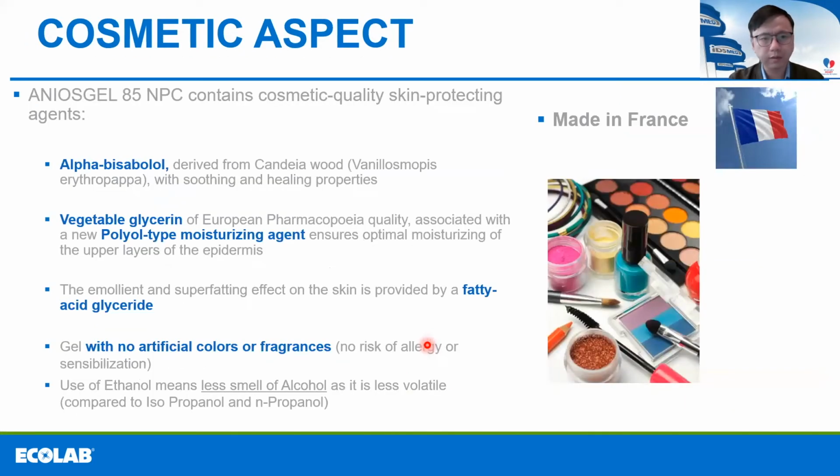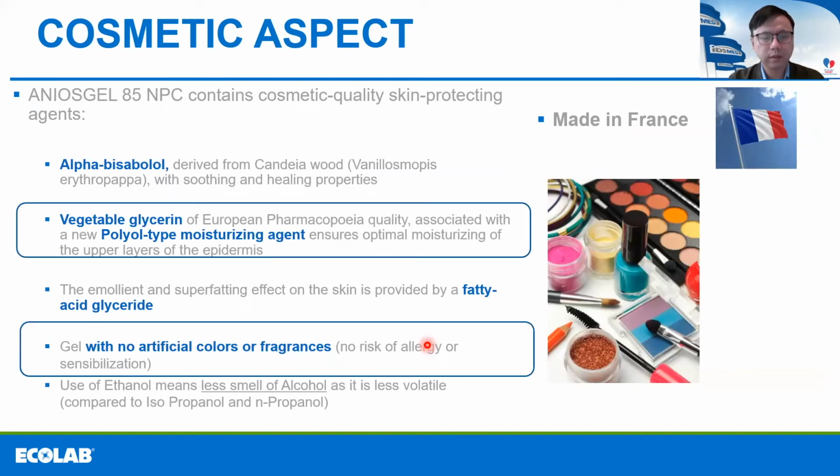And to keep our hands moist, right, it's also important to look out for moisturizing agent in the hand hygiene product that you purchase. Ideally, the hand hygiene product should have no color nor fragrance, okay? Because these are all additives, which may cause adverse impact on your hands.